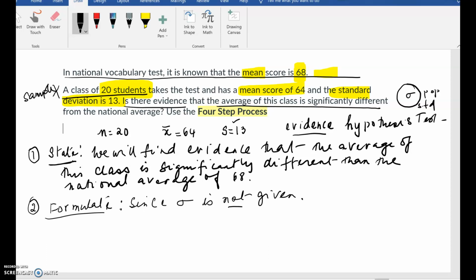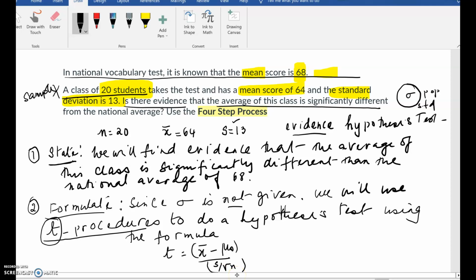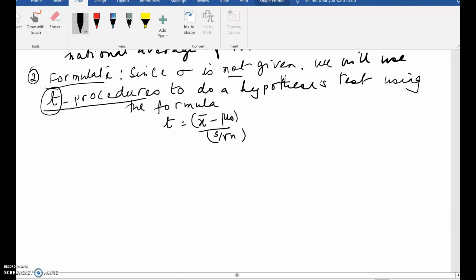So since sigma is not given, we will use T procedures. If sigma is not given, we use T procedures to do a hypothesis test using the formula, and put parentheses when you do your calculations. T equals X bar minus mu 0 divided by S over radical N.